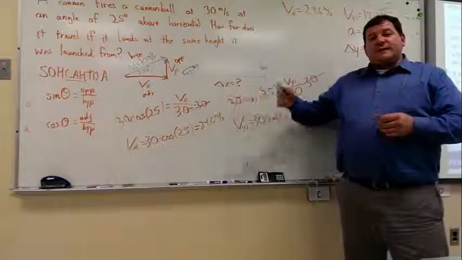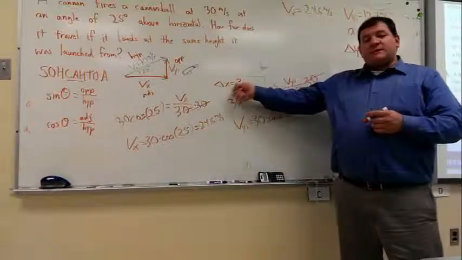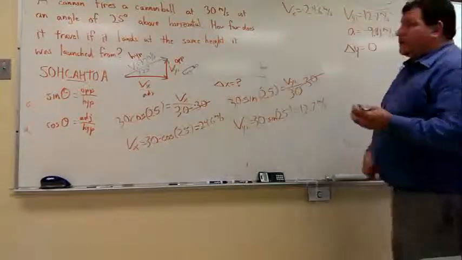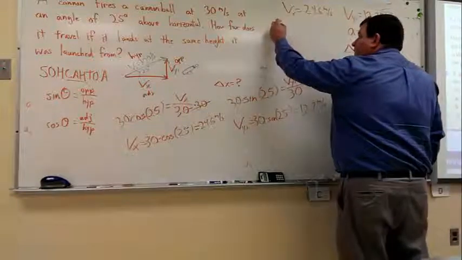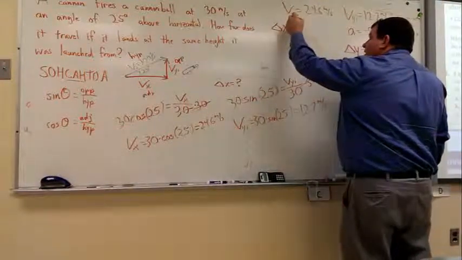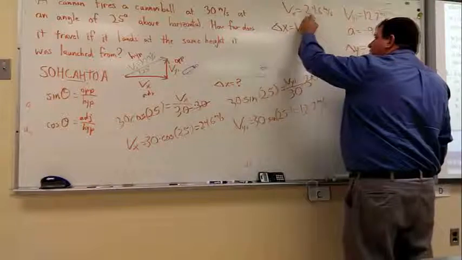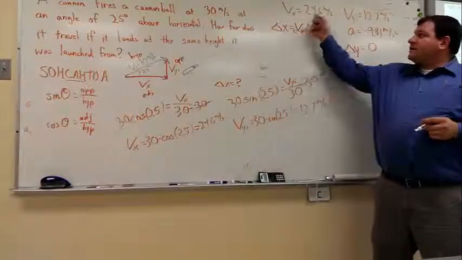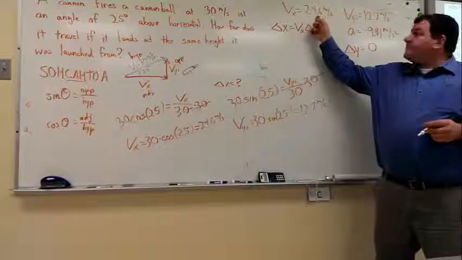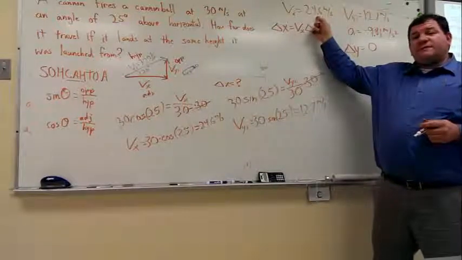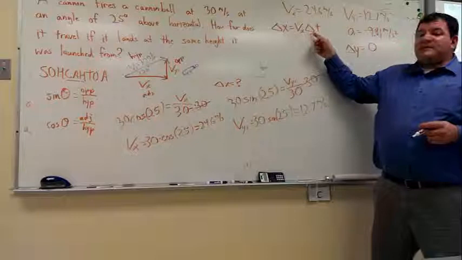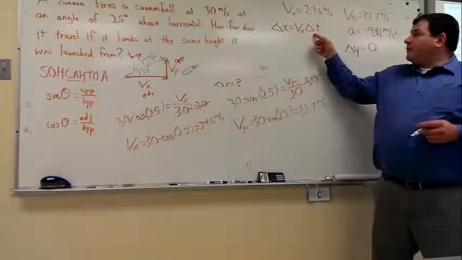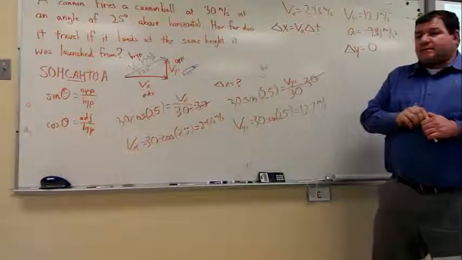I'm looking for delta x. This is a horizontal variable, and I only have one horizontal equation. Delta x equals Vx times delta t. I know Vx from the first part when I broke up Vi into components. It's 27.2 meters per second. I need to find the time in order to solve for delta x.